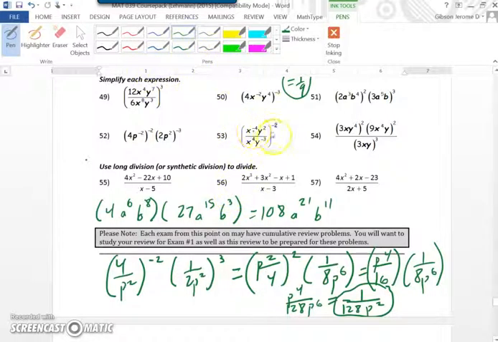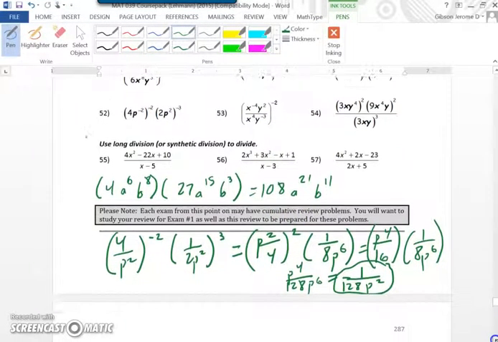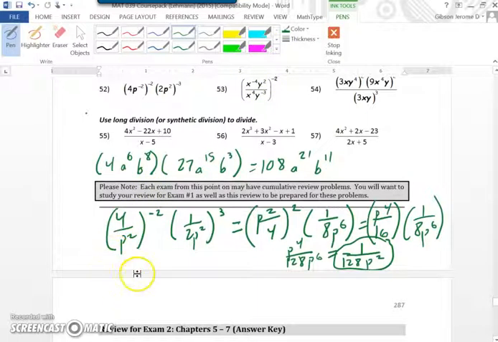Now, the first thing I would do here is do what's inside the parentheses first. We know this x to the negative 4 will go down to our denominator. So then we would have, in our numerator, y squared.